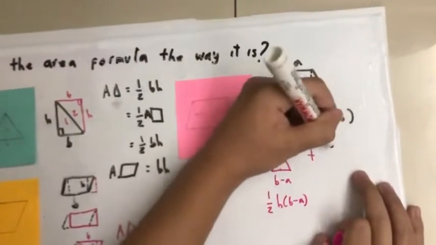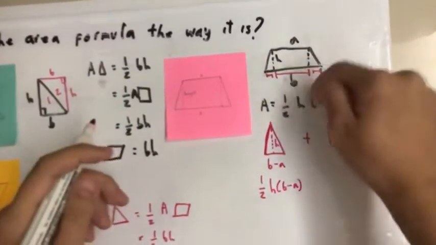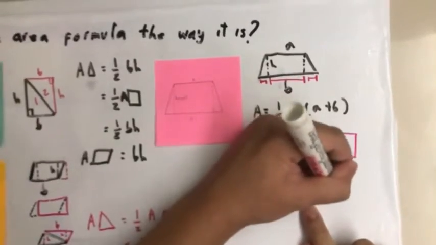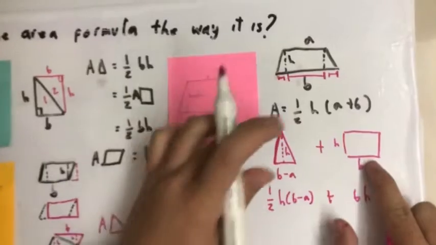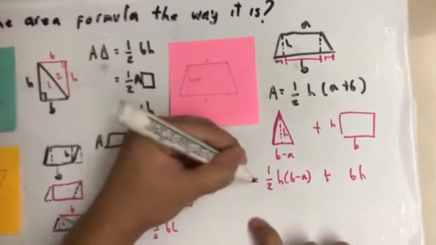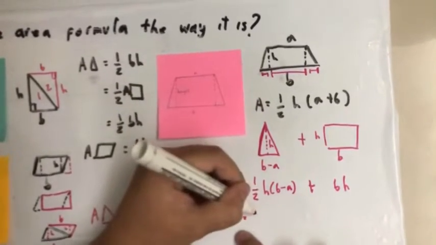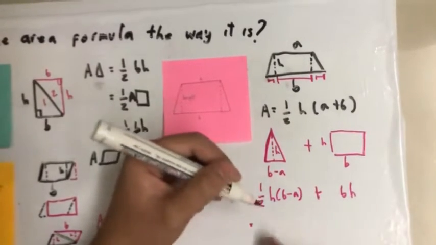And then plus the rectangle, the middle part, which is base times height. Okay, not just base, this is the a, so a times height, so ah, the area is this, and then we'll combine the two. What do they have in common?